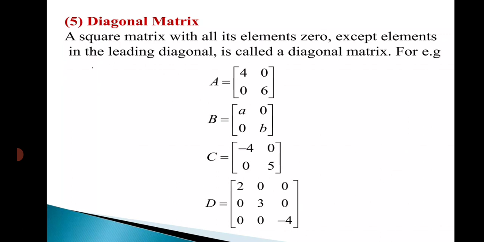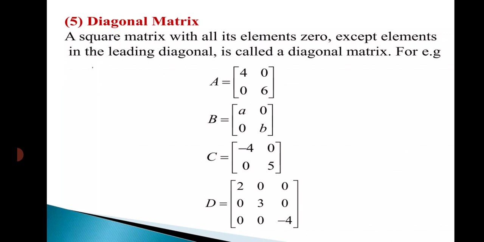Next, diagonal matrix. What is a diagonal matrix? Before we talk about a diagonal matrix, we should know the square matrix. A square matrix is a matrix in which the number of rows and columns must be equal. Then we can say that the matrix is a square matrix. So we will see what a diagonal matrix is.